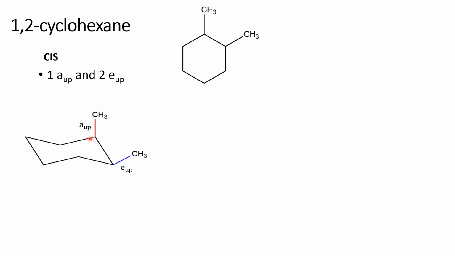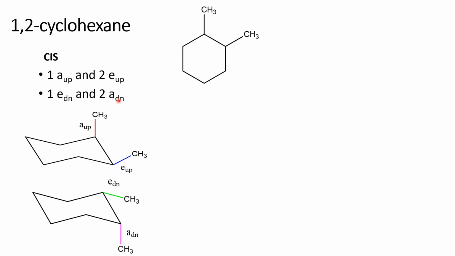Both are up, therefore it is called a cis conformation. Or both should be down, that is equatorial down and axial down. So this is the conformation.